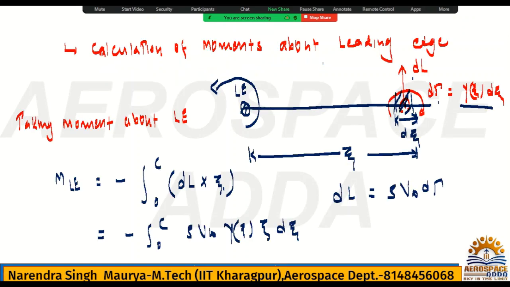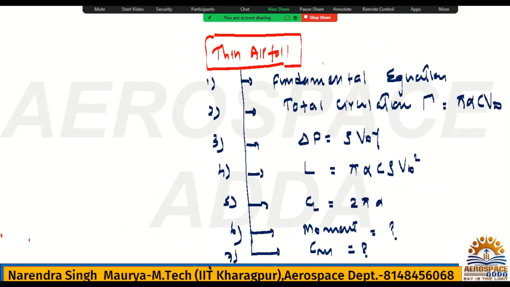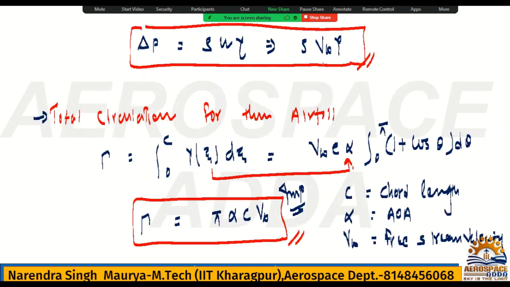Check, this is the value. Yes or no? Now again this is the one calculation you have to put, gamma xi. Like here I told you that gamma xi value, if you write completely, see here also I had shown you this gamma xi, if you write completely, this will be the total value.